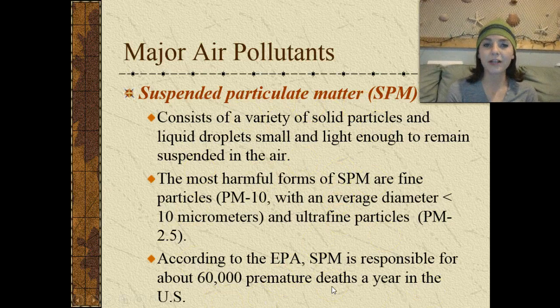According to the Environmental Protection Agency, SPMs are responsible for about 60,000 premature deaths a year in the United States. So that's the United States alone, and we're not even half as polluted as China or places like India. So the death tolls in areas like that because of SPMs are much, much higher.